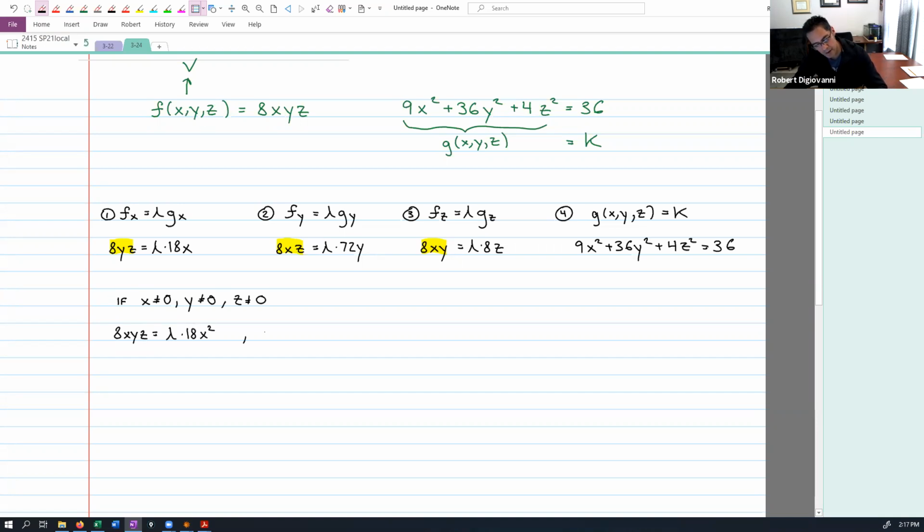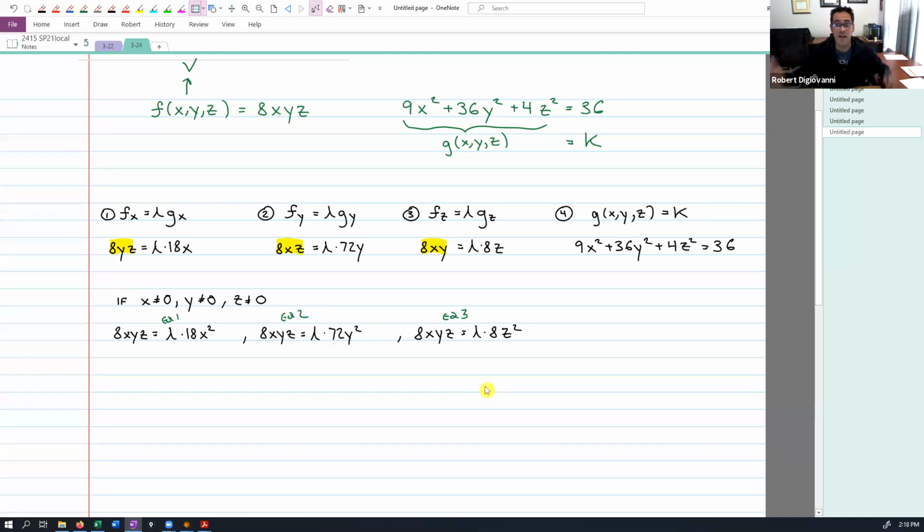We also have that 8xyz equals lambda times 72y squared. And finally, we have that 8xyz equals lambda times 8z squared. So that's equation 1, equation 2, and equation 3, multiplied on both sides by x, y, and z respectively.